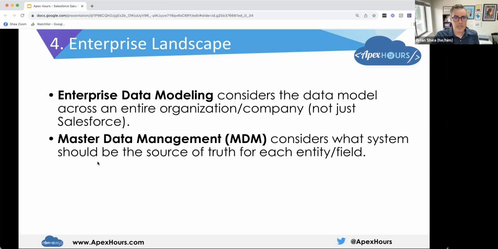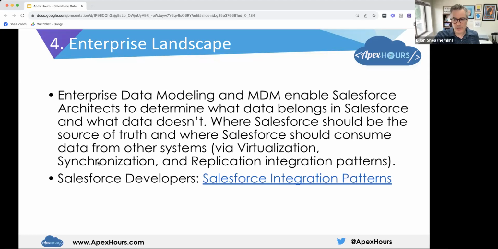So enterprise data modeling and MDM are really important when we're thinking about, particularly in a larger enterprise, Salesforce and what data should be in Salesforce and what data shouldn't be, and where Salesforce should be the source of truth and where Salesforce should be consuming data from other systems.